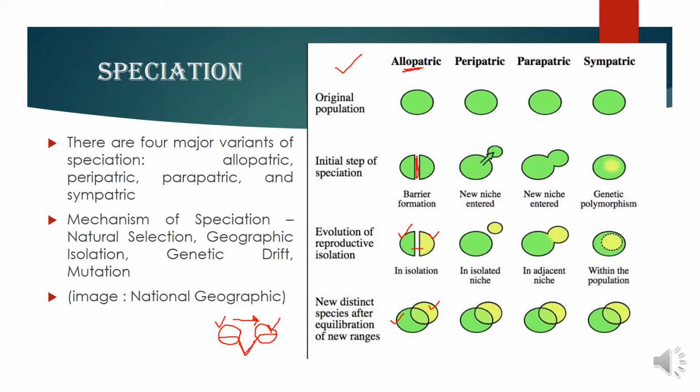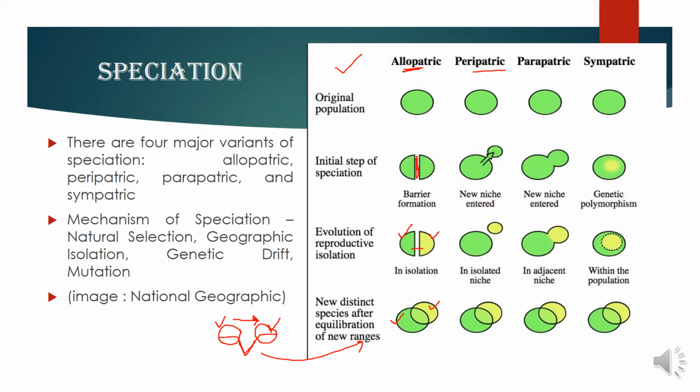As a result, we have two species of rodents or small mammals on the left and right side of the canyon. So this is a very good example of how a barrier can create speciation. This is the allopatric type of speciation.